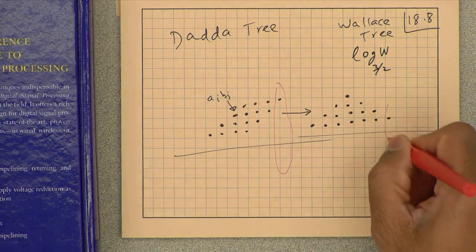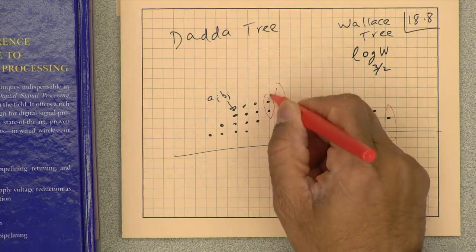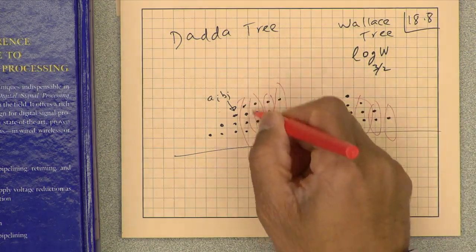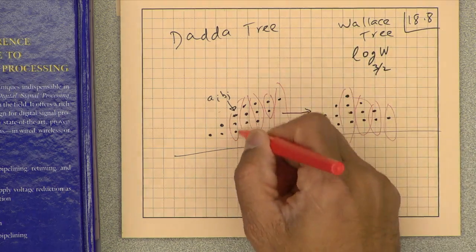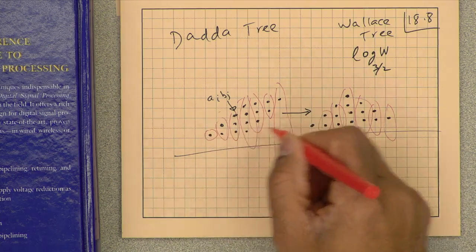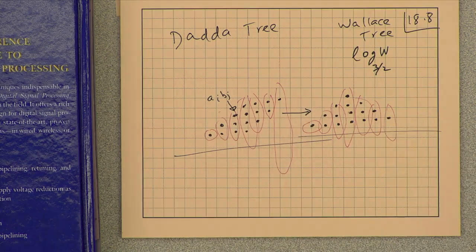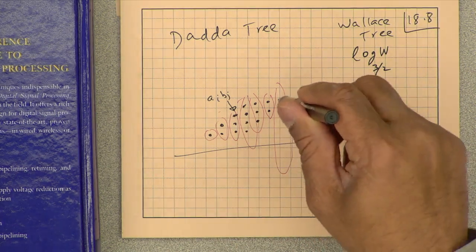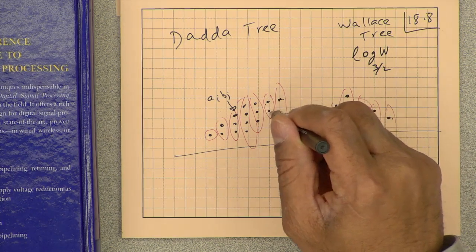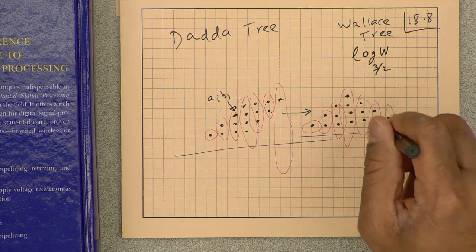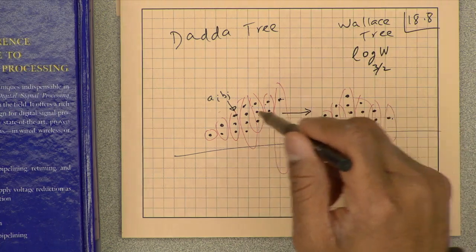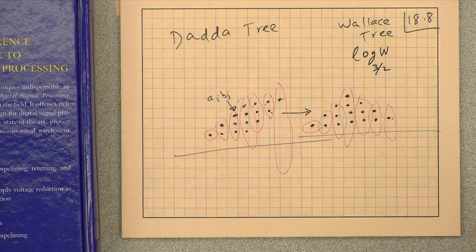So how many are in this one? 2, 2. How many are here? 3, 3. How many are here? 4, 4. 3, 3. 2, 2. 1, 1. So now can you see what we are doing? We are taking this dot and pushing it to the bottom. These 2 from the top 2 lines are pushed to the bottom 2 lines. These 3 pushed 1 down. 4 stage it is, 3 stage. Okay, these stages.